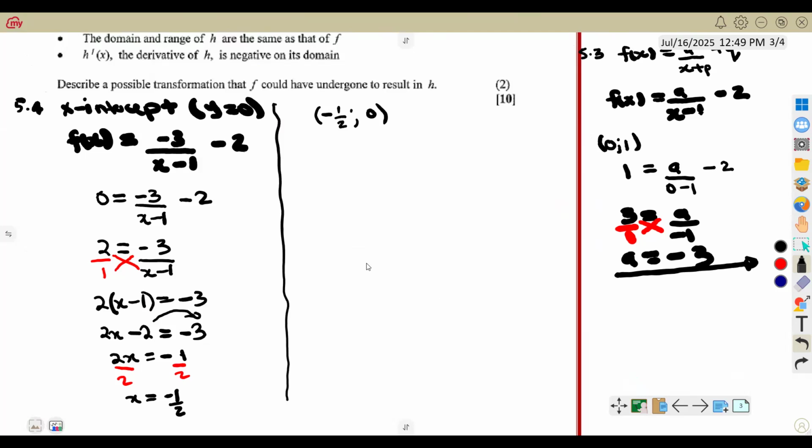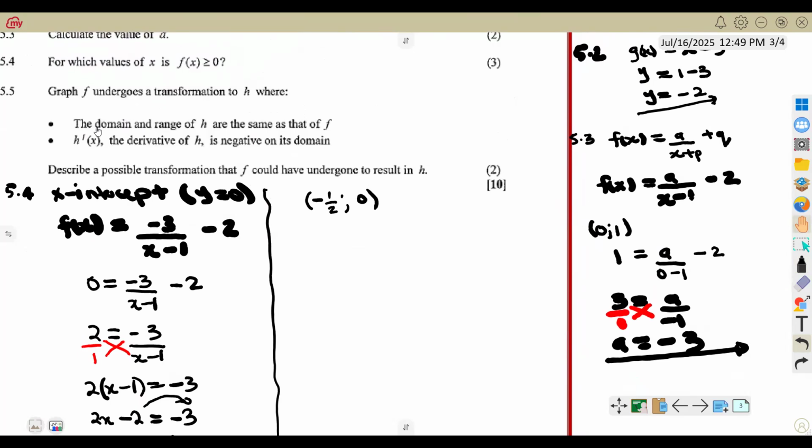The question was saying for which values of x is f(x) greater than or equal to 0, for which f(x) is above or on the x-axis. So it means our solution set is going to be from negative half, because negative half is the x-intercept. So this is going to answer the question.